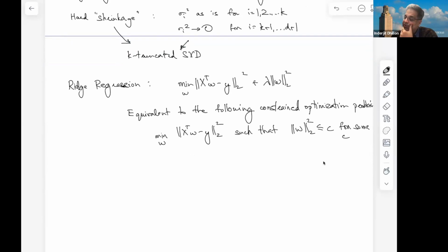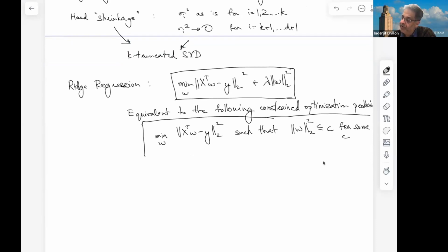Okay. So this problem, which is typically how ridge regularization is posed, is equivalent to this constrained optimization problem. And the reason I'm mentioning the last part is that we can geometrically try to understand what is happening, right?